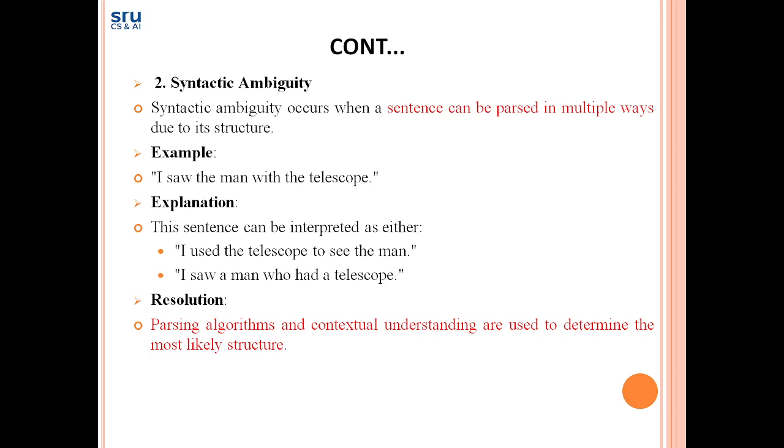This sentence can be interpreted as I used a telescope to see the man. That is the first interpretation. The second interpretation is I saw a man who had a telescope. Resolution: parsing algorithms and contextual understanding are used to determine the most likely structure.